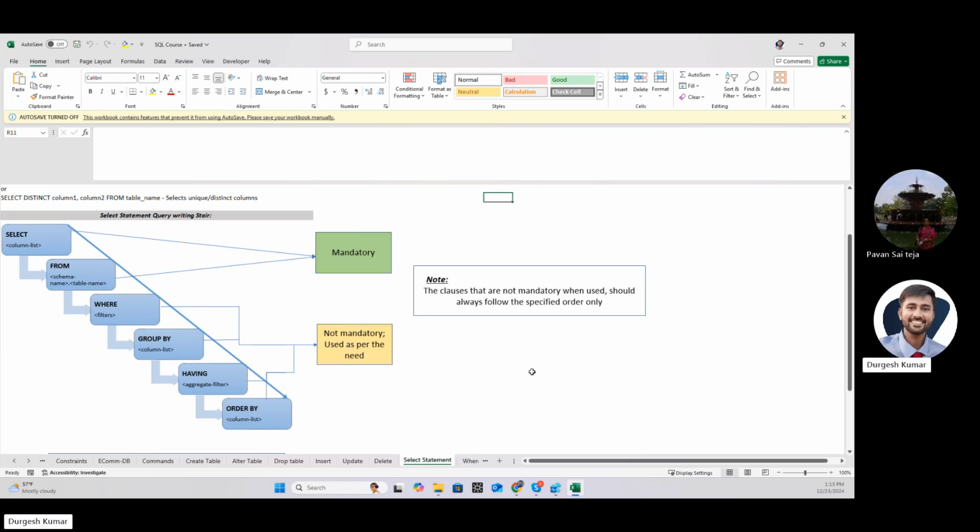These two are mandatory clauses. Why are they mandatory? Because from says from which table you want to get your data, from where you want to get your output. That's why from is mandatory. Select in SQL works to print something, to fetch something. That's why select is also important. If I don't say, hey Sai, bring this Parker pen from which shop, then you can't buy anything.